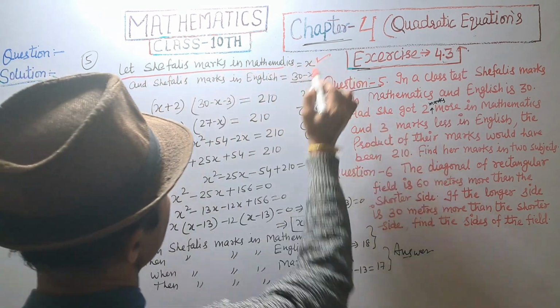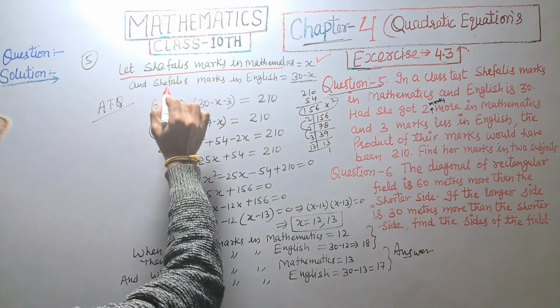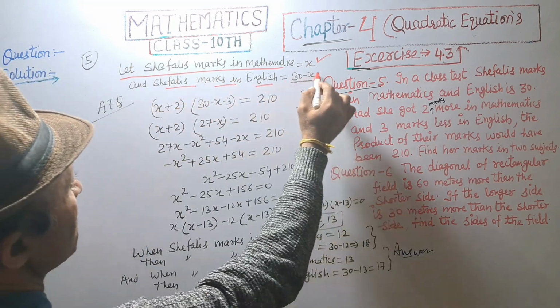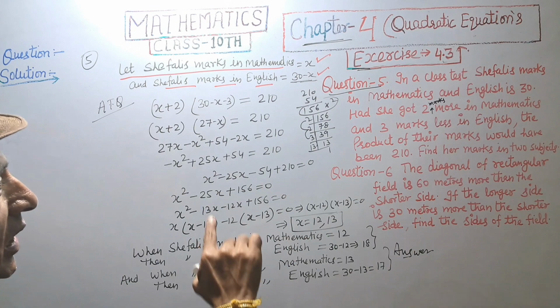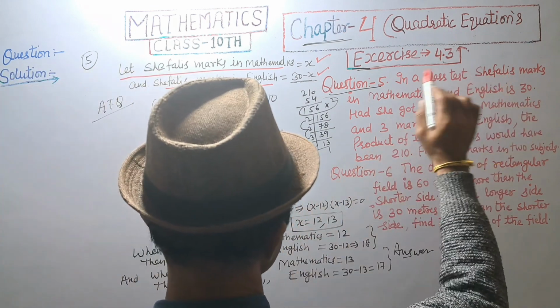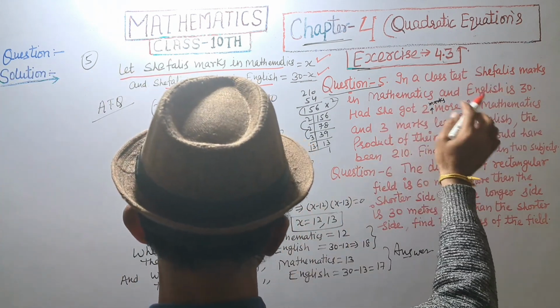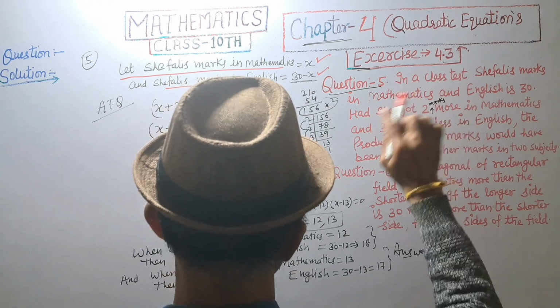Shefali's marks in mathematics x and Shefali's marks in English 30 minus x. In a class test, Shefali's marks in mathematics and English total is equal to 30 marks.